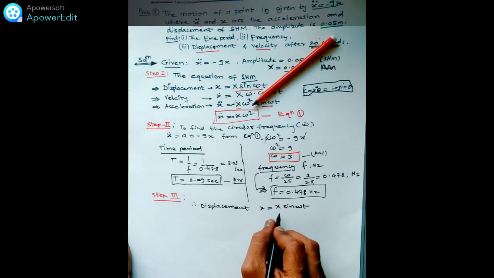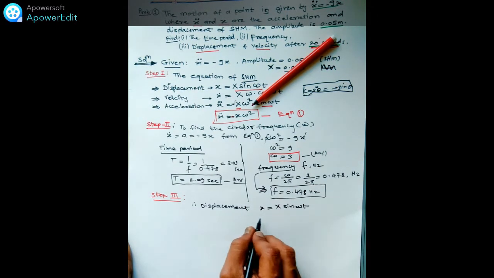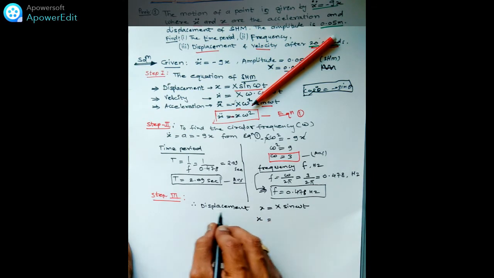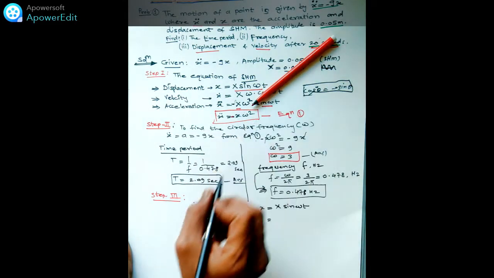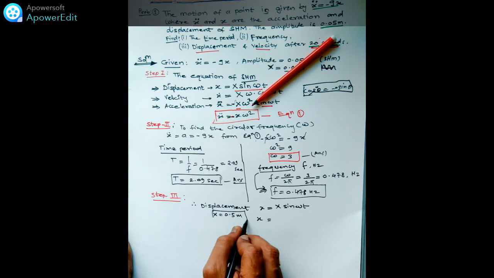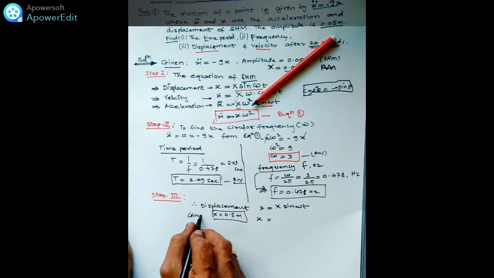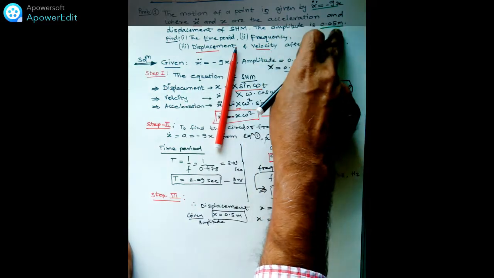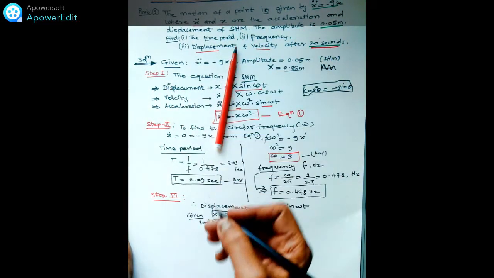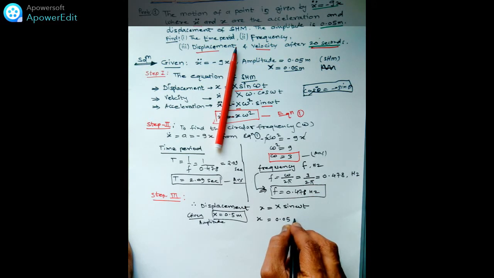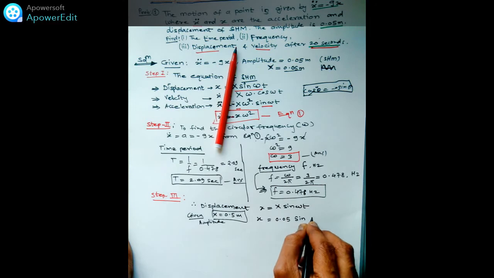Just putting the values here, x is the amplitude, which is given as 0.5 meter. So it is written here 0.05 into sine of omega t.